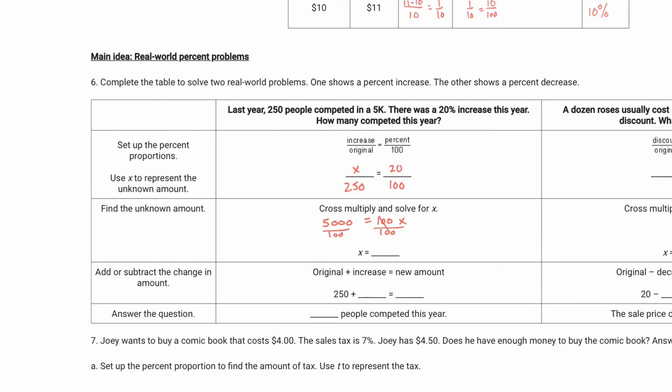So x has to be 5,000 divided by 100, so you can cross those out, and it's 50 over 1, must be 50. So the 50 is our increase. So if it increased by 20%, well, 20% of 250 is 50. And so if I increase that by the 50, that would be 300. How many people competed? 300 people.